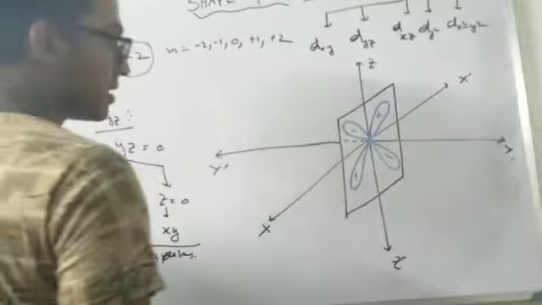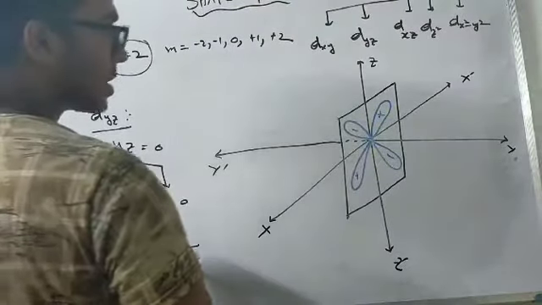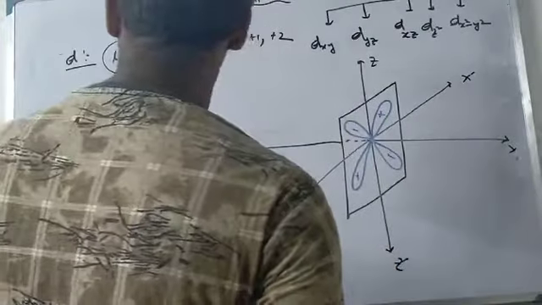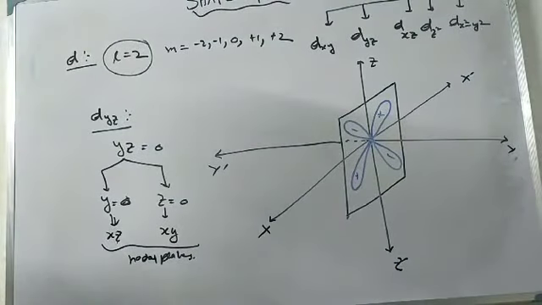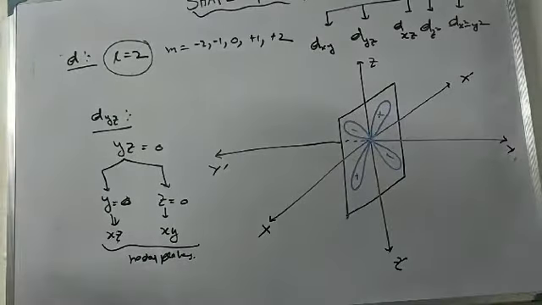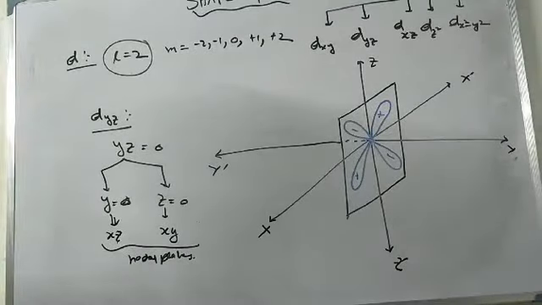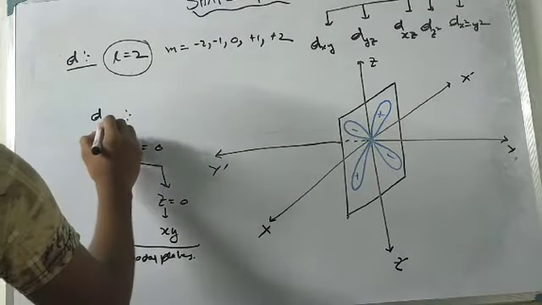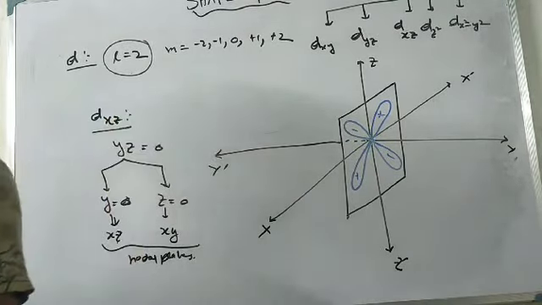And look at the case of the xz plane. This is x and this is z. Sorry, I am drawing the dxz orbital.